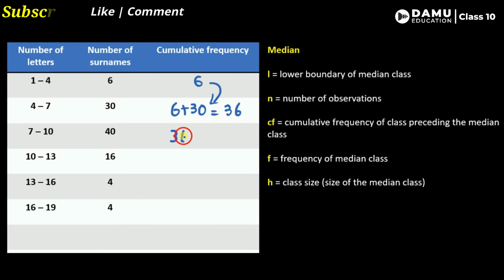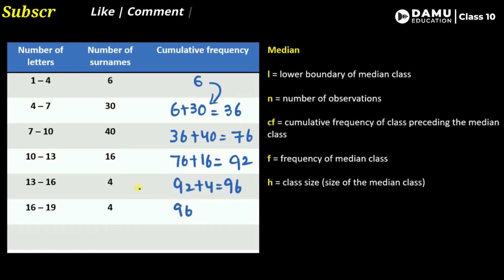Then 36 plus 40, we get 76. Then 76 plus 16, that is 92. 92 plus 4 gives 96. We have added all these values, and we got 100, so n is equal to 100.